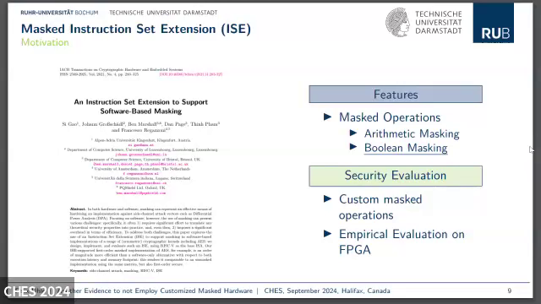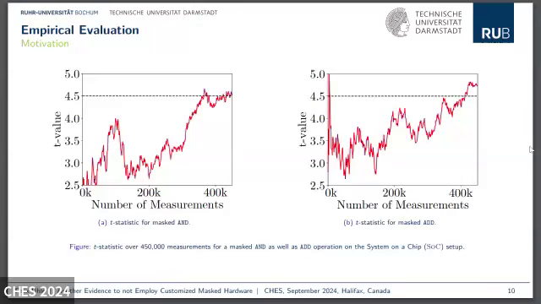There are no proofs of security of the individual modules or the whole core. We have repeated these measurements, and we found leakage after only 400,000 measurements in both the ALU and the add operation. And then we decided to investigate the reason for that.